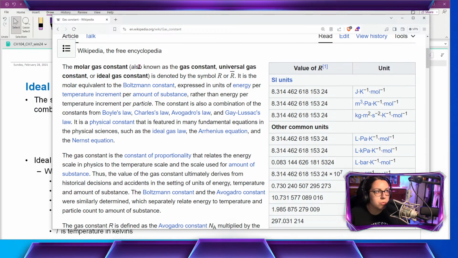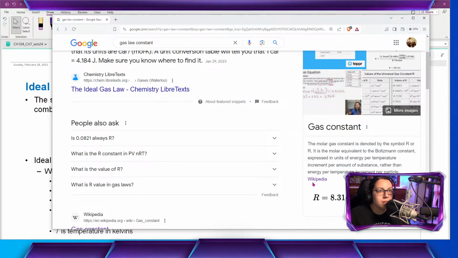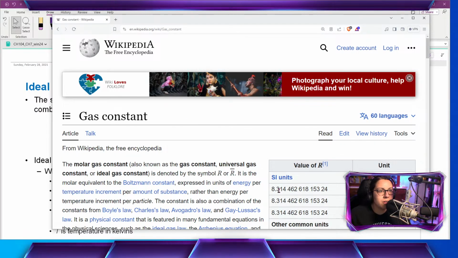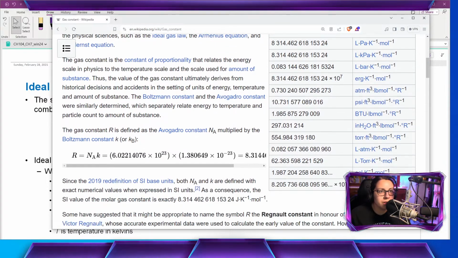The one that popped up in the AI feature, nothing's AI, has to do with energy, and we might see this later in the class. This is joules, Kelvin, moles, so not what we're interested in. If we go down, here's the one we are familiar with: liters, ATM, Kelvin, moles. And there it is, 0.082, and they take it out further than what we use.